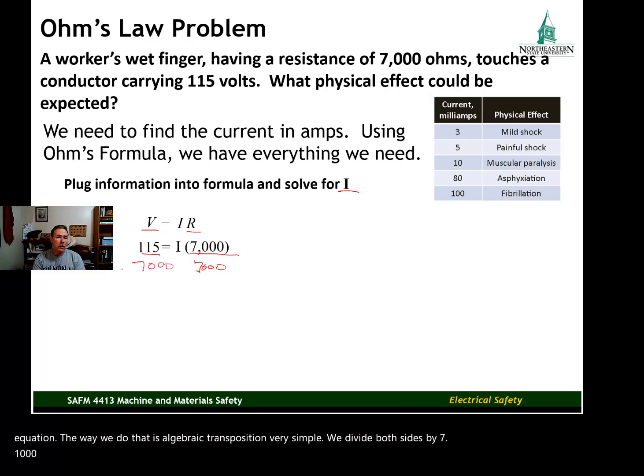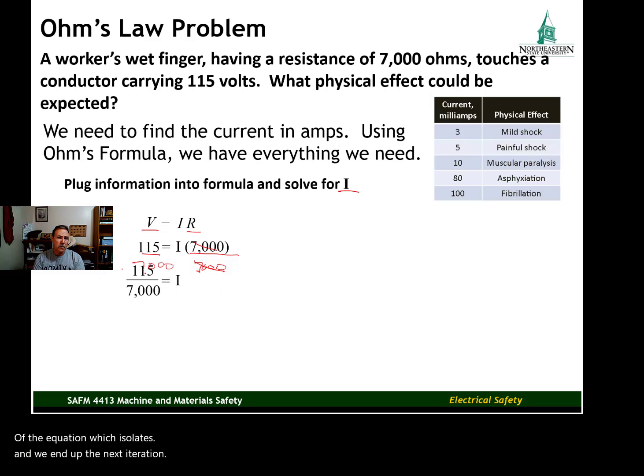And when we divide both sides by 7,000, it cancels on the right side of the equation, which isolates current. And we end up, in the next iteration, with 115 volts divided by 7,000 ohms equals our current.